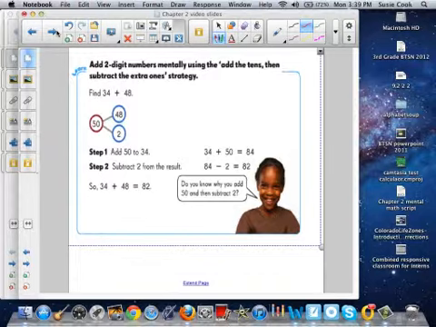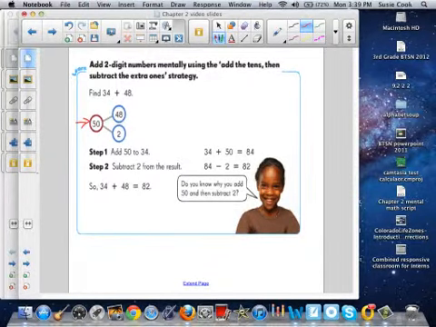As third graders, we use the same strategies but with larger numbers. Let's take a look at some third grade examples that we can solve using the strategies we learned last year. If we are trying to find the answer of 34 plus 48, we know that 48 is close to 50.